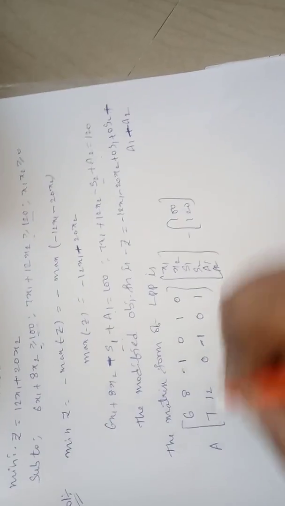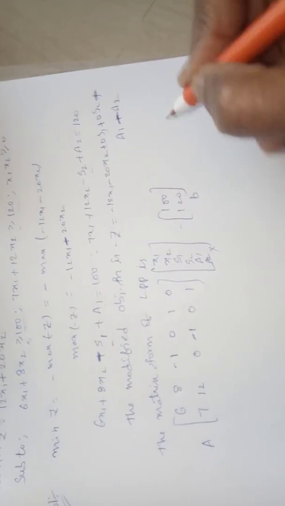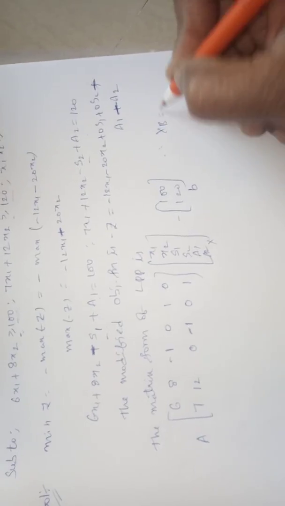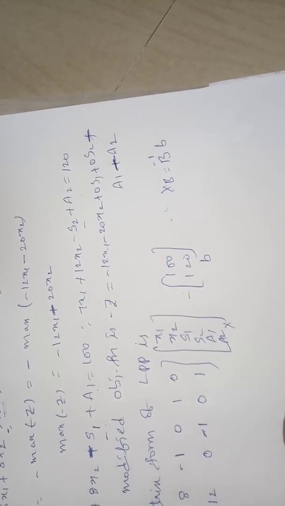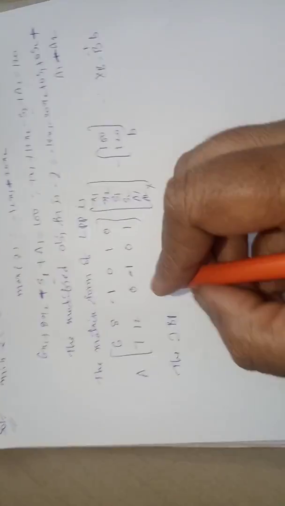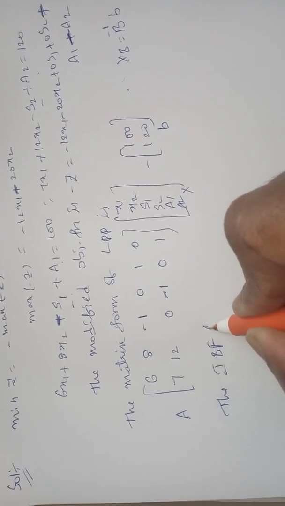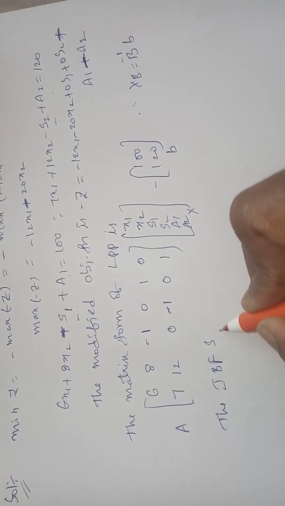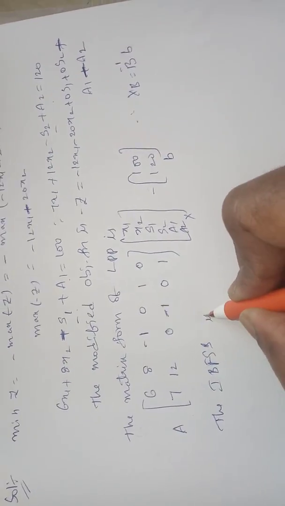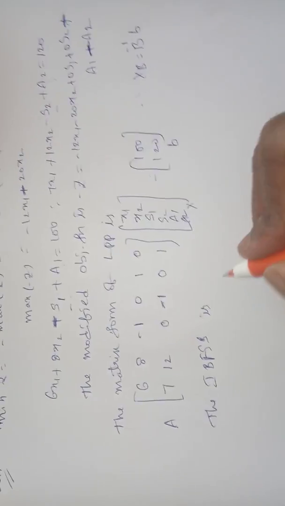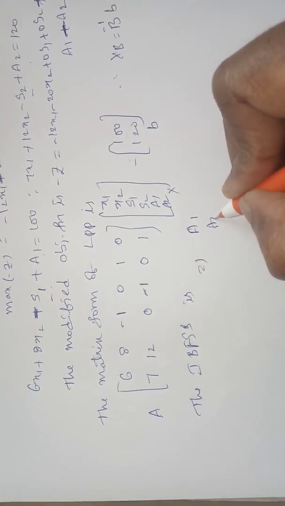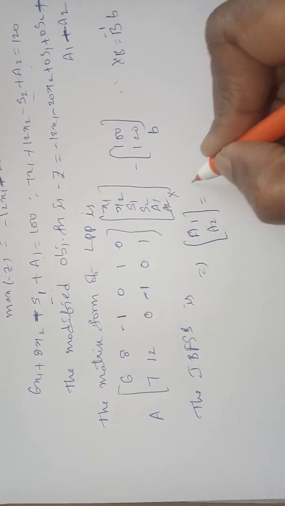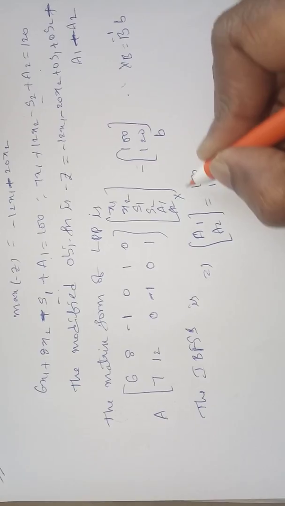So this is Ax equals b. Therefore xB equals B inverse b. That means the initial basic feasible solution is a1, a2 equals 100, 120.